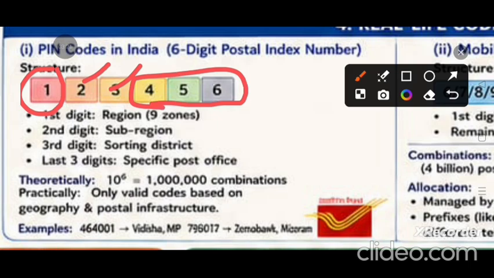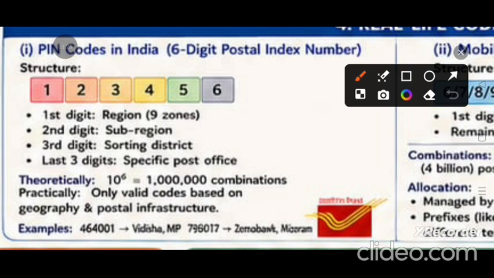Theoretically, there are 10 raised to the power 6 combinations, and practically only valid codes based on the geography and postal infrastructure. As an example, we have the code 132001.